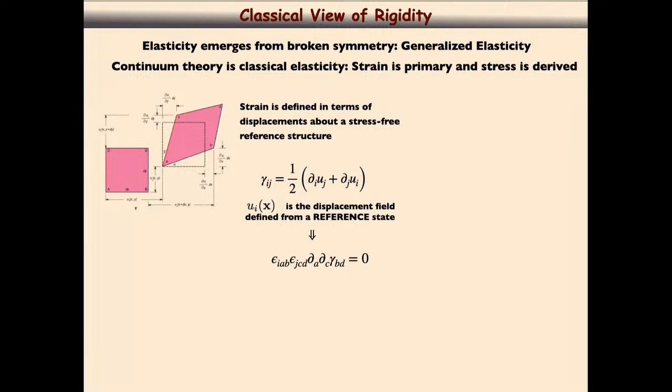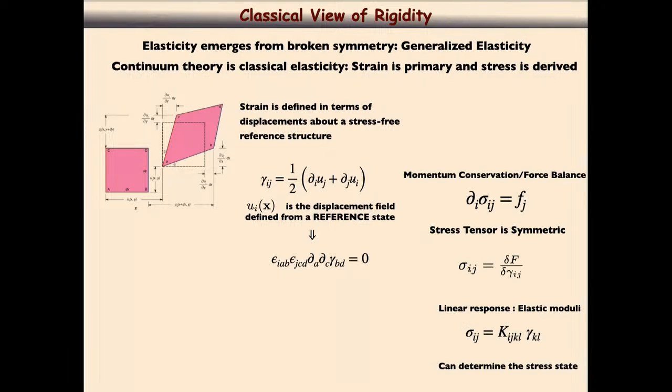And strain has this structure. This might be a weird notation, but think of it as a double curl of the strain tensor, which has to be 0. This is known in elasticity theory as the compatibility relation. So strain is fundamental, it has these properties, and then there's a notion of stress which is derived.